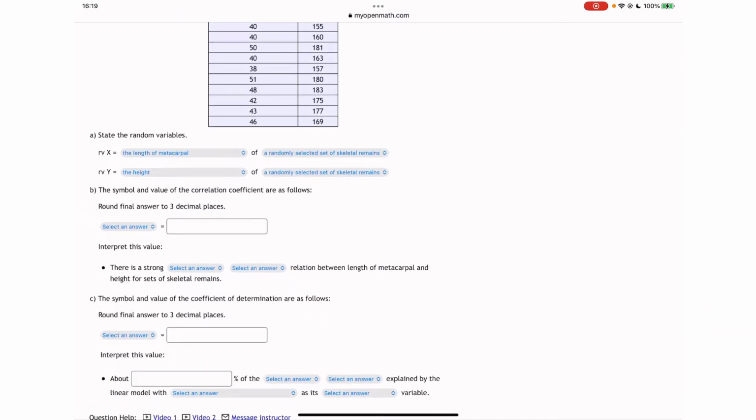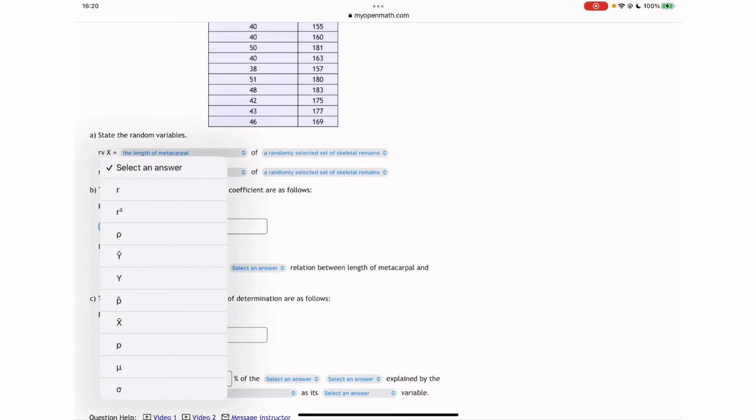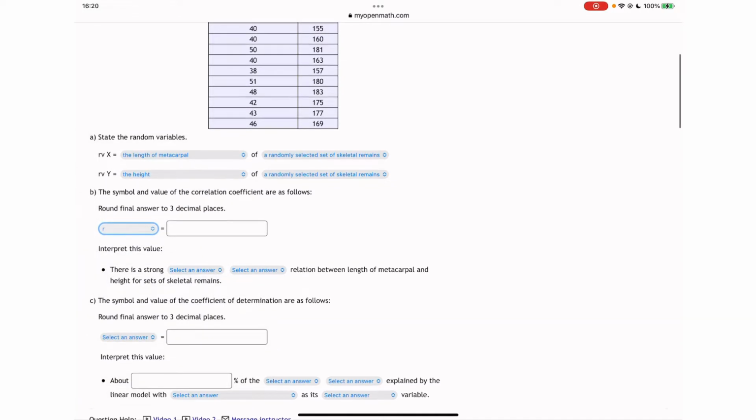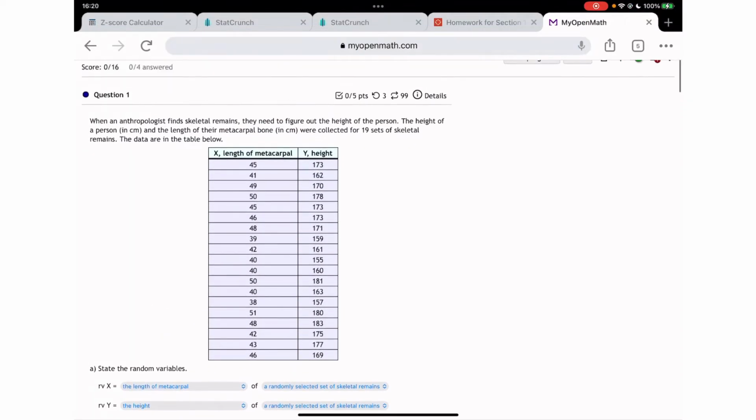Question number B. The symbol and value of the correlation coefficient are as follows. Round the final answer to 3 decimal places. The symbol for correlation coefficient is r. And to find it, I'm going to copy this and go to StatCrunch.